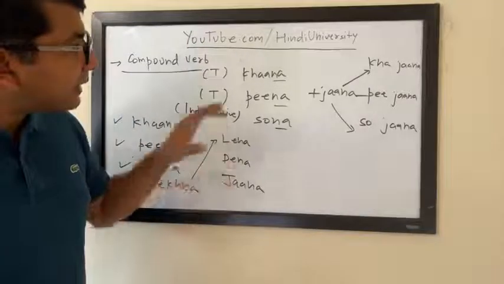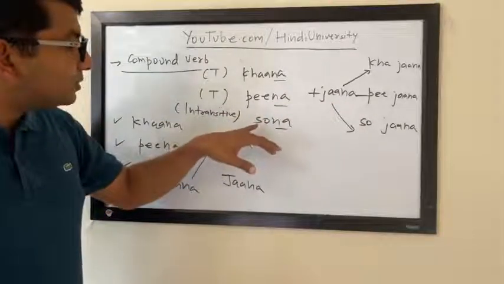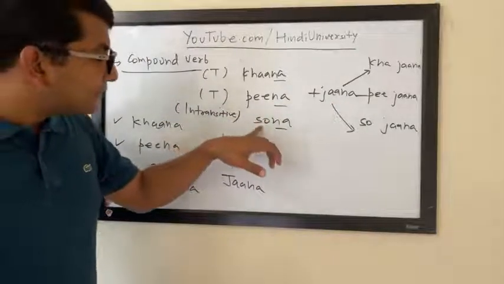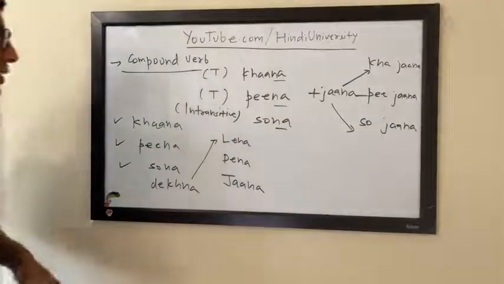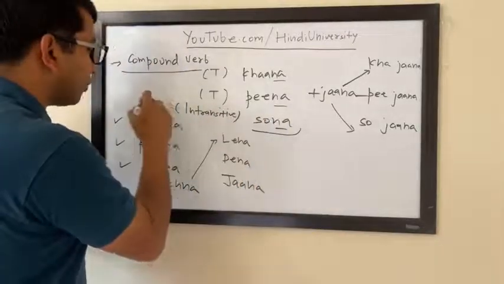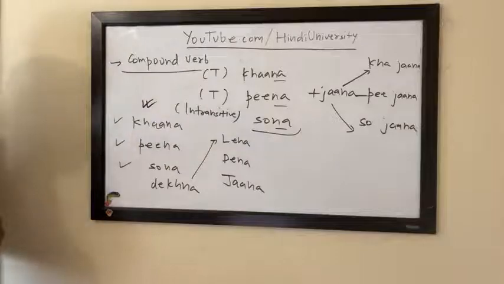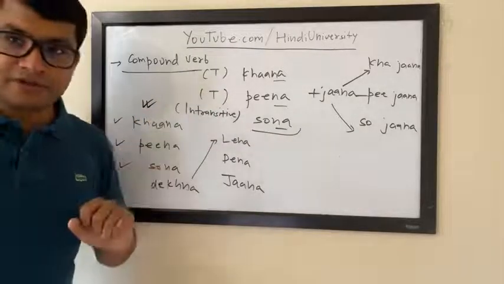So what I'm trying to highlight here is jana can be used with both intransitive as well as transitive verbs. Between the two, it is more commonly used with intransitive verbs. There are cases which we'll be covering where it is used with transitive verbs as well.